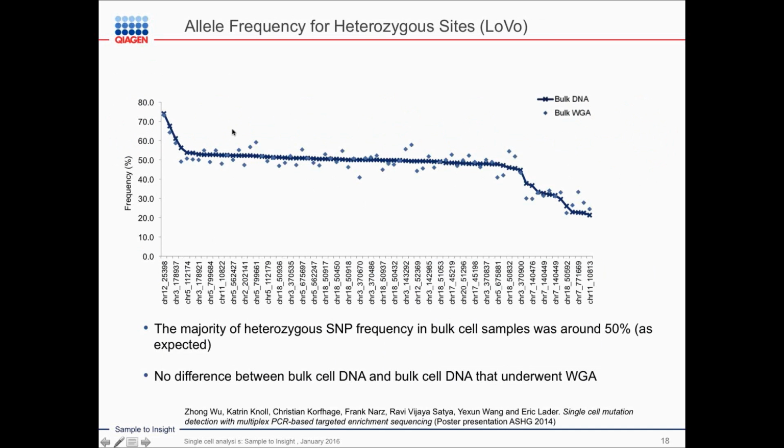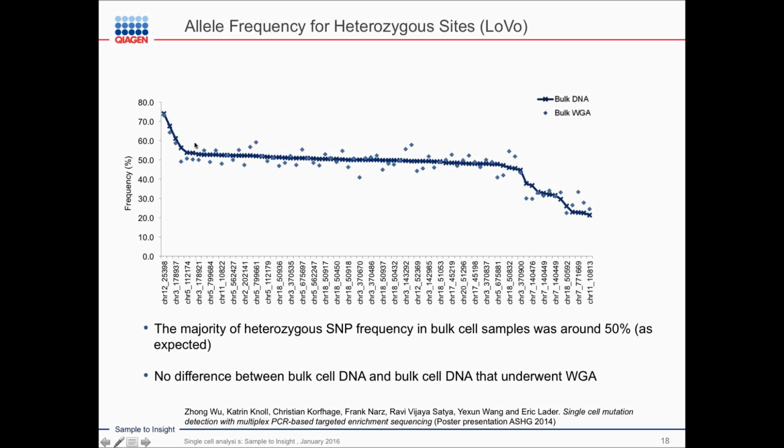So here you can see the first results. What we've done is taken each of the key variants that we've identified and plotted them based on their allelic fractions. So we can see we have some that are present at a very high allelic fraction and some that are present at a low allelic fraction.